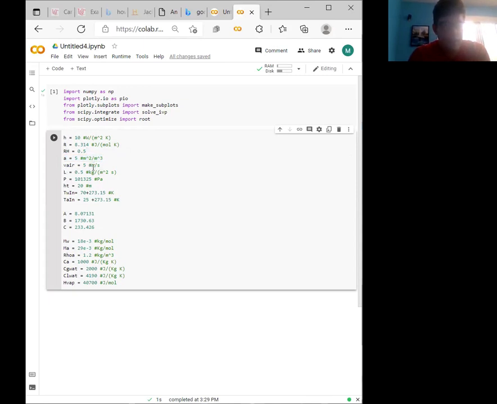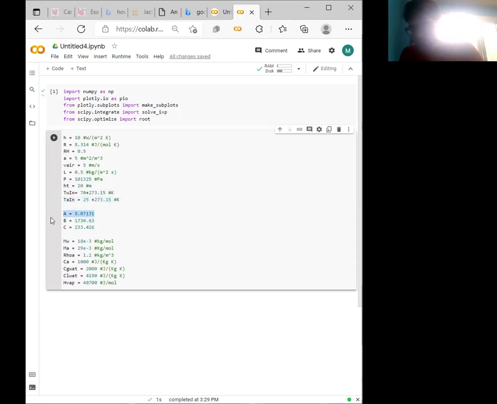This is the velocity of the air. The liquid flow rate. This is the pressure in pascals, the height of this cooling tower, the input temperature of the water, and the input temperature of the air.